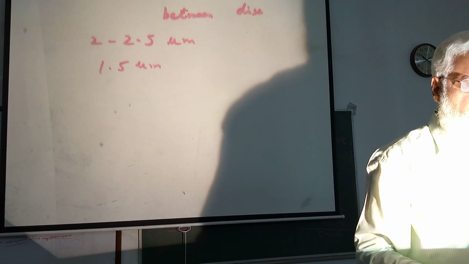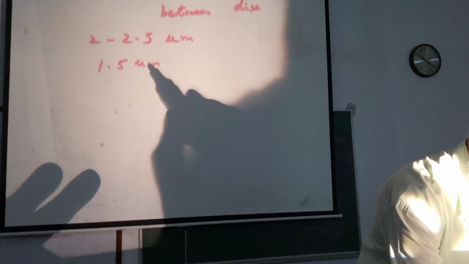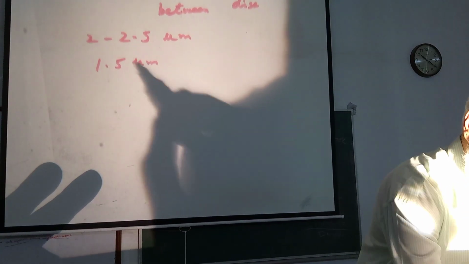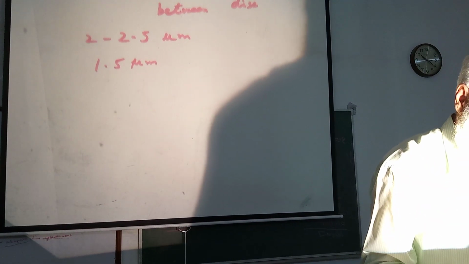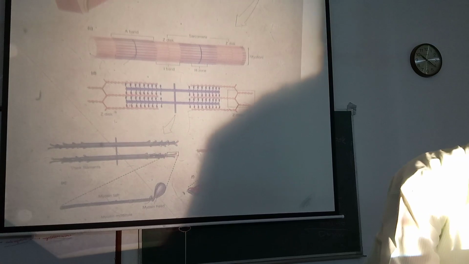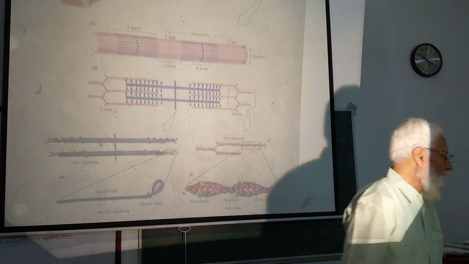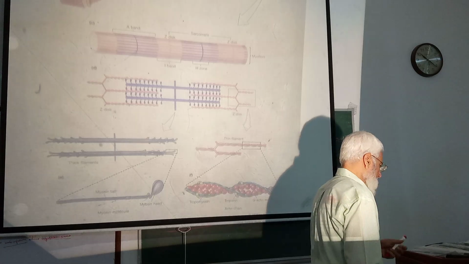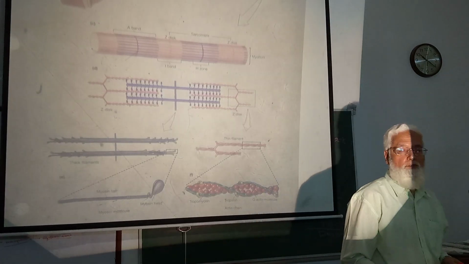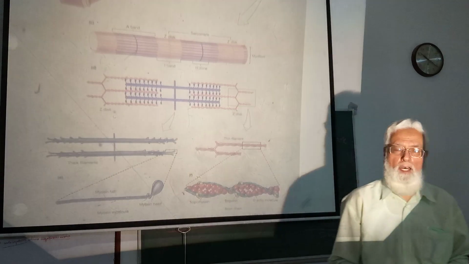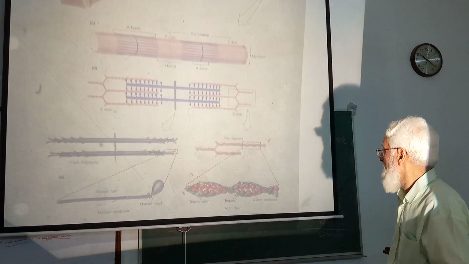After muscle contraction, it can decrease to 1.5 micrometers. So at rest the length of the sarcomere is 2 to 2.5 micrometers, and after contraction it decreases to 1.5 micrometers.